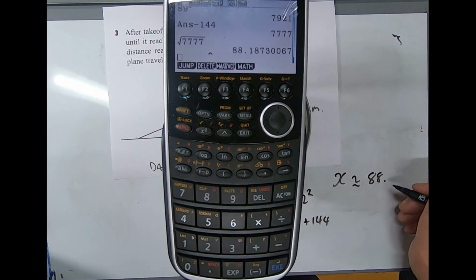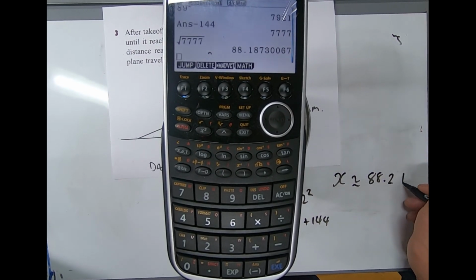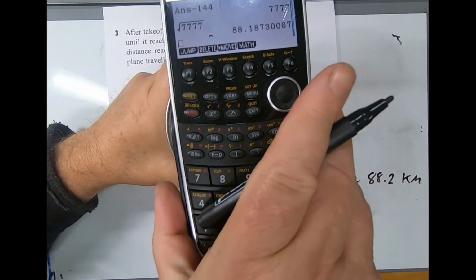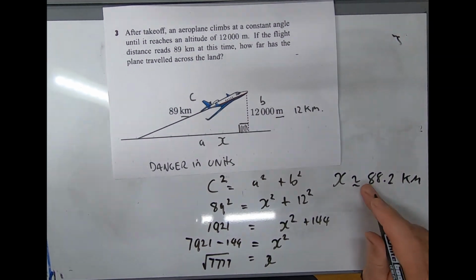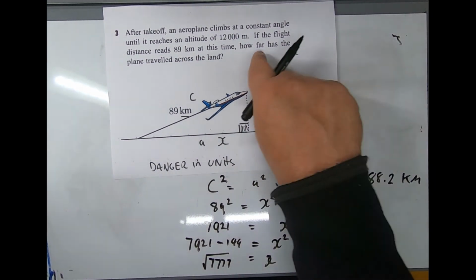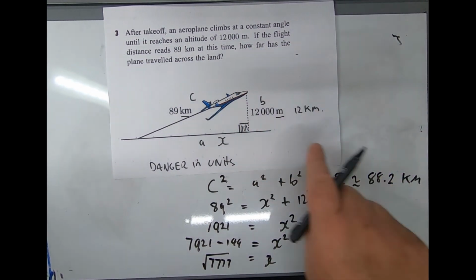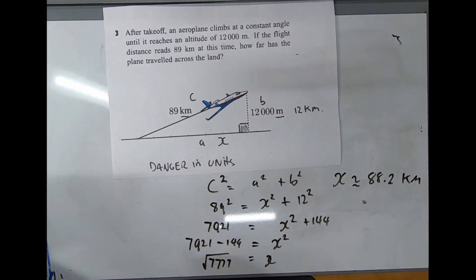Let's go to 1 decimal point, 88.2 kilometres. Okay, so in a phrase, the plane has travelled 88.2 kilometres along. Okay. Boom.